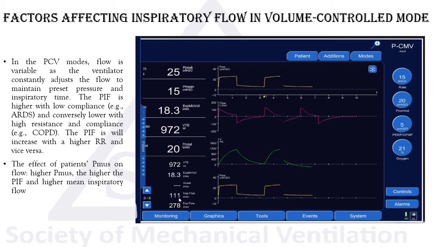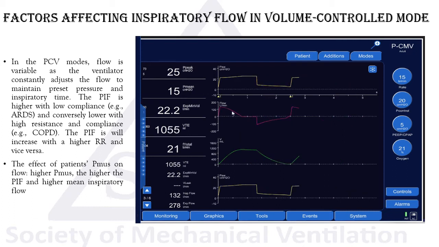The inspiratory flow right now is 120. Let's make him breathe a little bit harder. We're up to 12 centimeter of pressure, and you will notice that the inspiratory flow is going up a little bit.